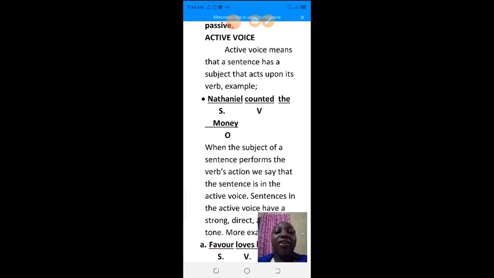So Nathaniel carried out the action of counting the money. Nathaniel is the subject, the verb is counted, and the money is the object. The object is the part of the sentence that receives the action of the subject. So the money received the action of counting by Nathaniel.